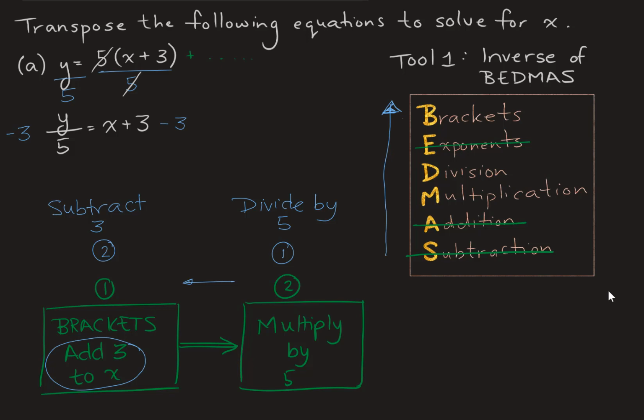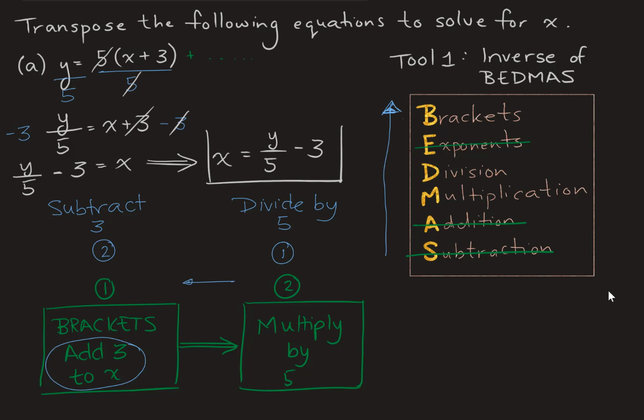So that on the left-hand side, I have y over 5 minus 3 is equal to, and we have 3 minus 3 here, which cancel each other out, x. So now I have isolated x. If I want to have x on the left-hand side, I can simply go x is equal to y over 5 minus 3. And there's my final answer.